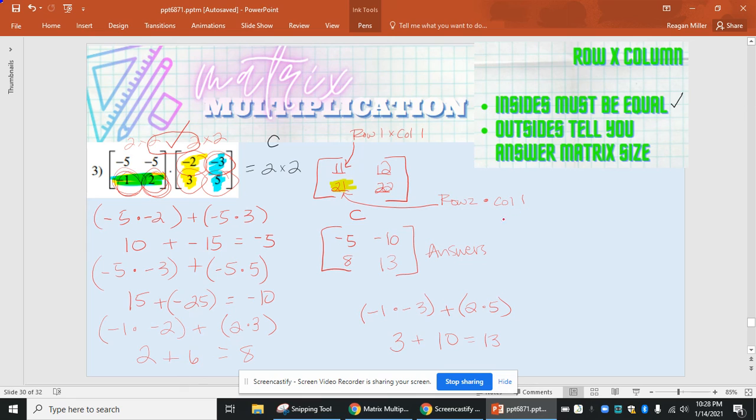So what you're going to do is you kind of figure out for each term in the answer matrix, what do I need to multiply? So the numbers actually tell you specifically what you need to do. And you'll have to multiply these two sets of numbers, or it could be more than that. And then you'll add them up.